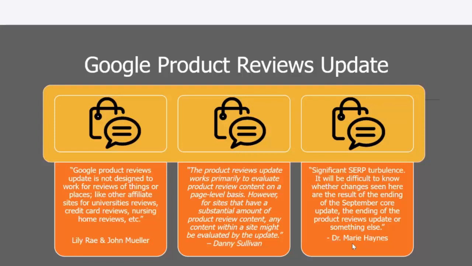One of the mistakes we have commonly seen is people will put their product schema on a category or collection page, and it is meant to be applied on a page level basis. So this makes sense to me that Google is saying the same in their product reviews update, that it is meant to be on a page level basis.